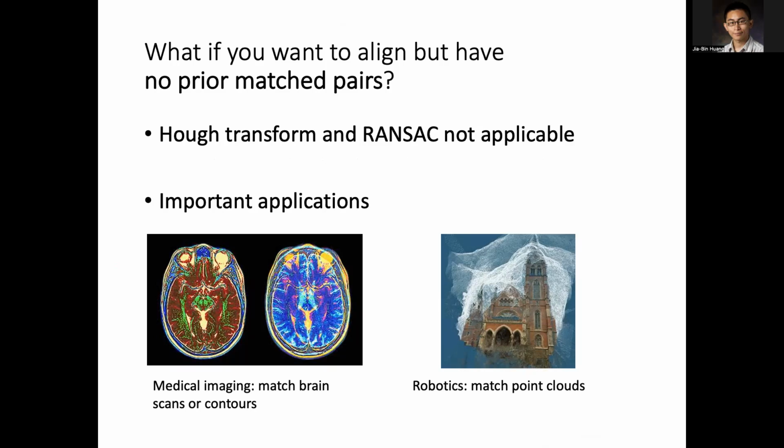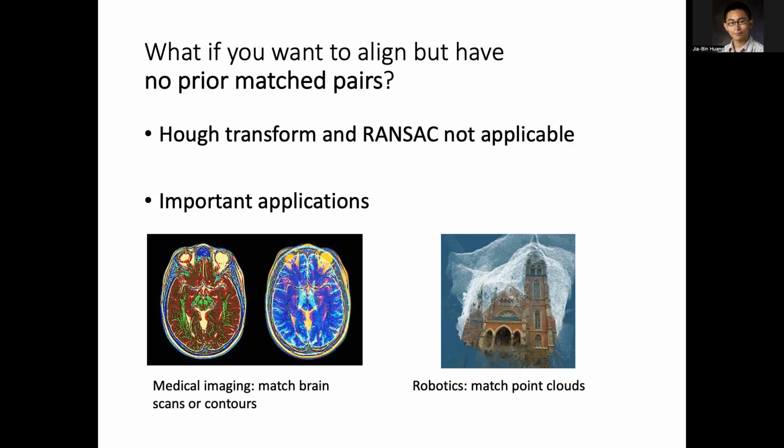And how do I align them? In this case, because you don't have the correspondence, the Hough transform is not applicable. If I know the correspondence, I can shift and align them, right? But the initial correspondence is not available, and therefore I need to do something else.